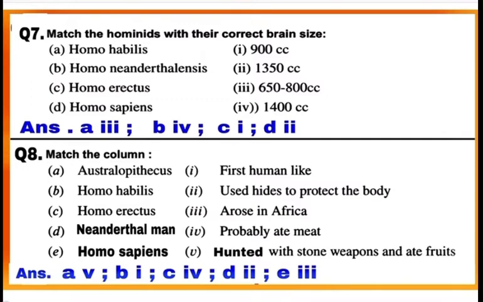D. Neanderthal man used hides to protect the body. And E. Homo sapiens arose in Africa and moved across continents and developed into distinct races. So here A matches with 5, B with 1, C with 4, D with 2 and E with 3.